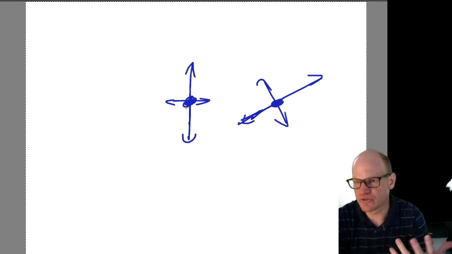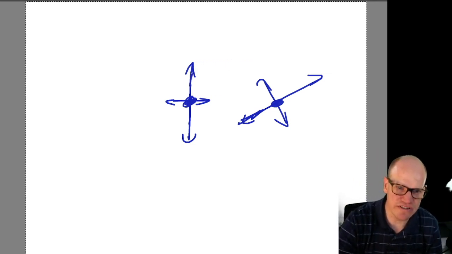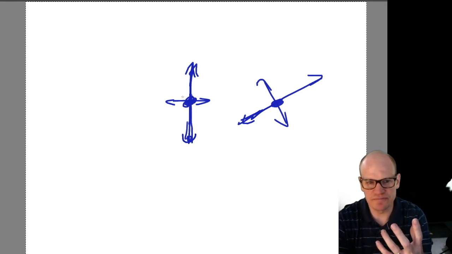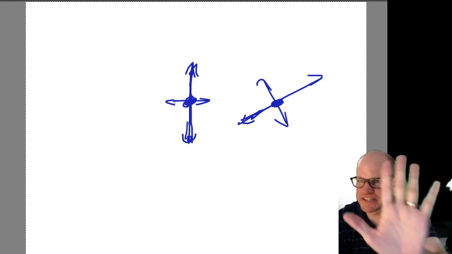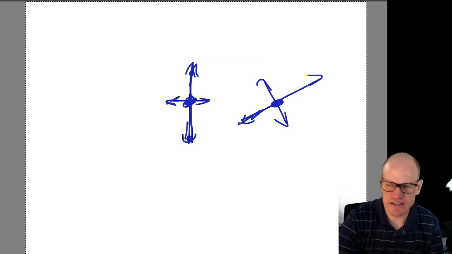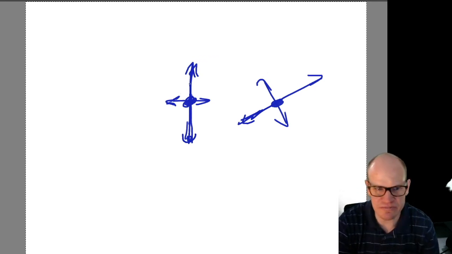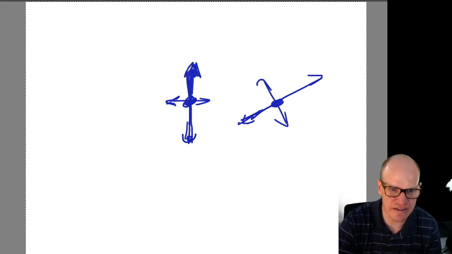So we have to choose how we define our coordinate system. If we want to describe the direction of oscillation of the electric field, then we need a way to place a coordinate system on it. Especially since we have a two-dimensional plane, we have to have a two-dimensional coordinate system to say, oh, here's where that electric field is oscillating.